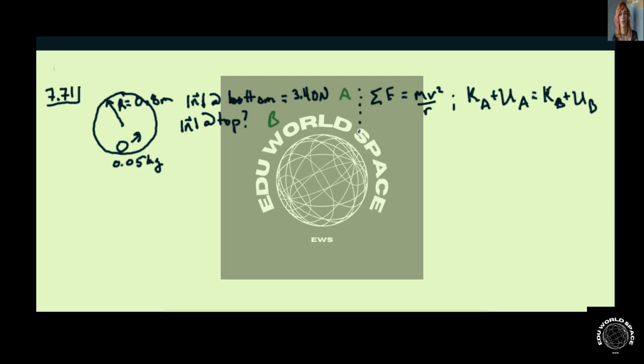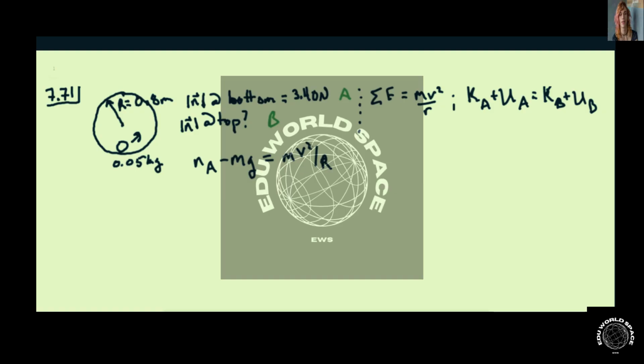So, at the bottom of the circle, the sum of forces is the normal force at A minus the weight of the block, and this has to be equal to our centripetal acceleration, or force.